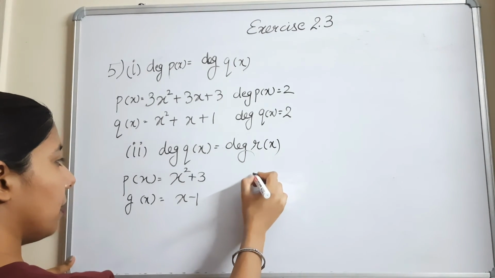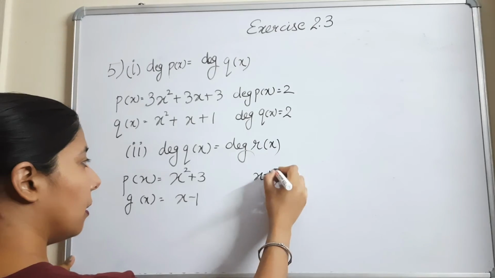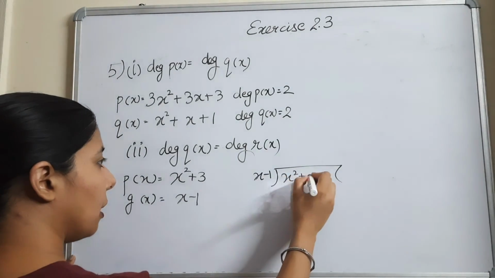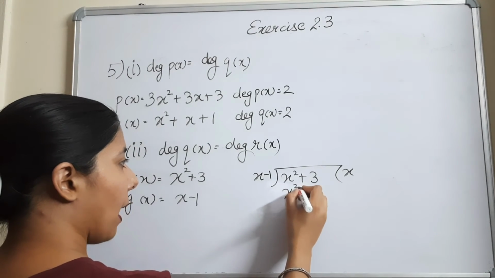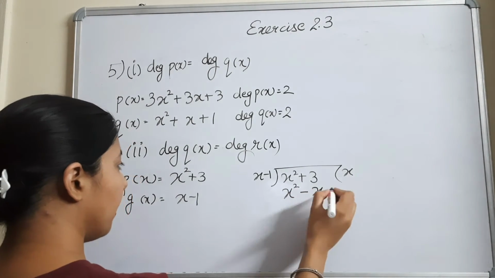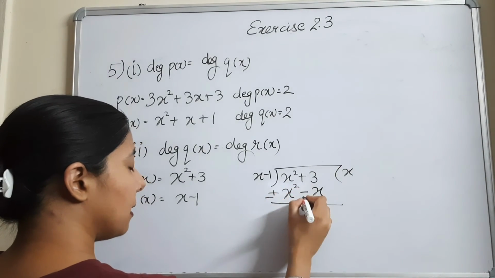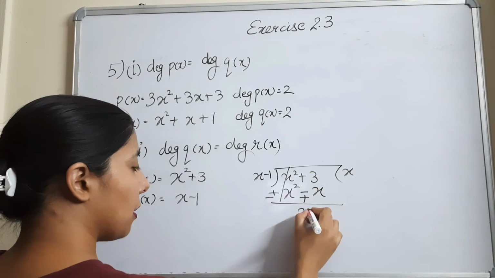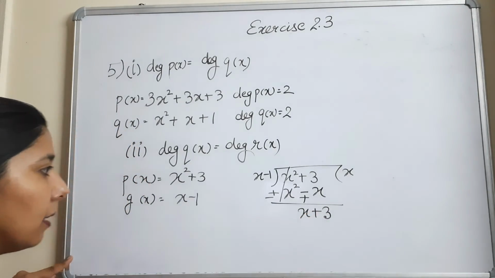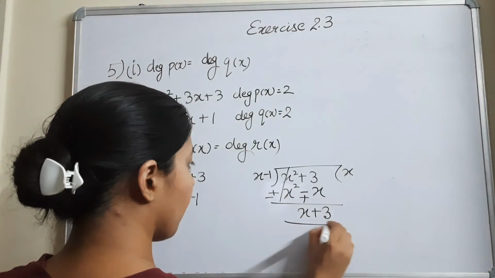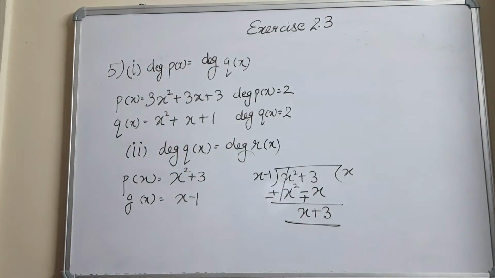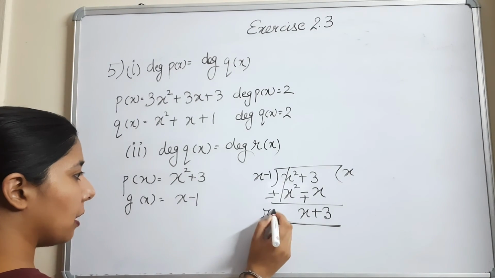We can try the division like x minus 1 here and x square plus 3 here. So the first term will be x. So we have x square minus x here, and change the signs. This cancels and you are left with x plus 3. Now you can see that the remainder is x plus 3.